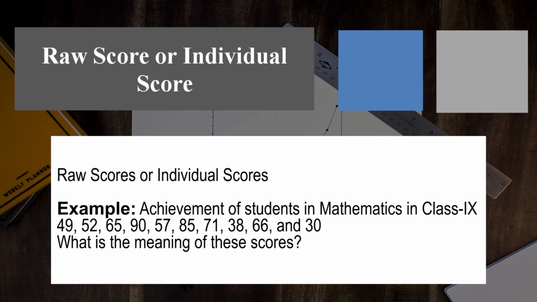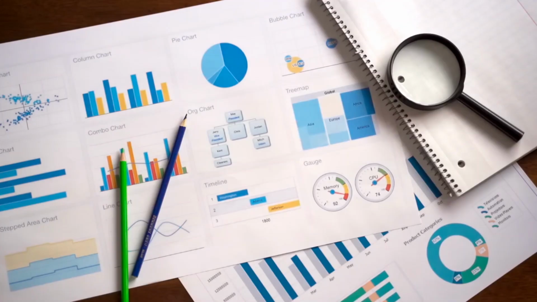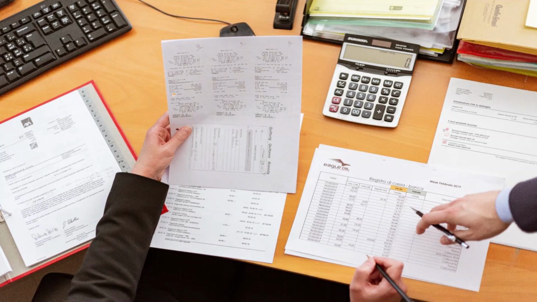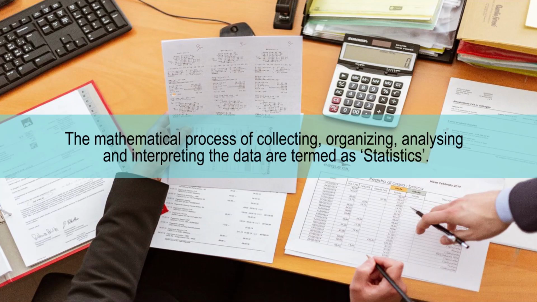Now, to further understand the concept of statistics, I can say that the mathematical process of collecting, analyzing, and interpreting data is termed statistics. What I was saying earlier is that an individual score has very limited meaning or no meaning at all.